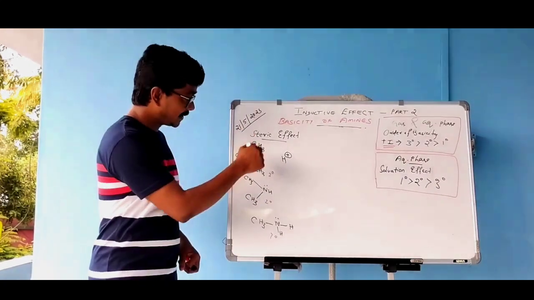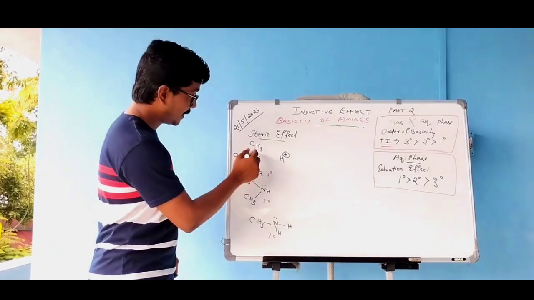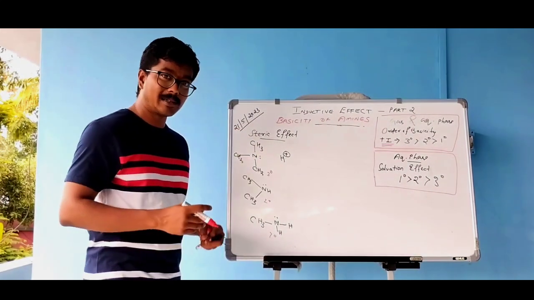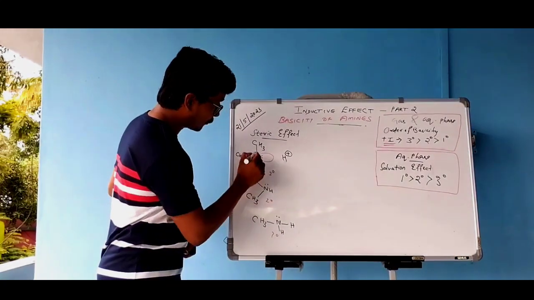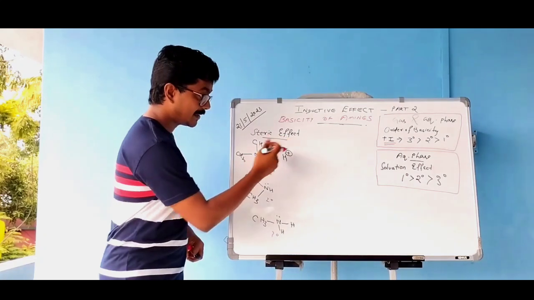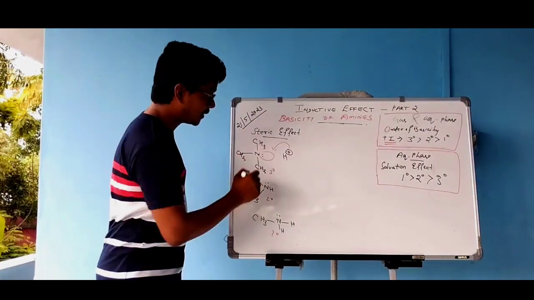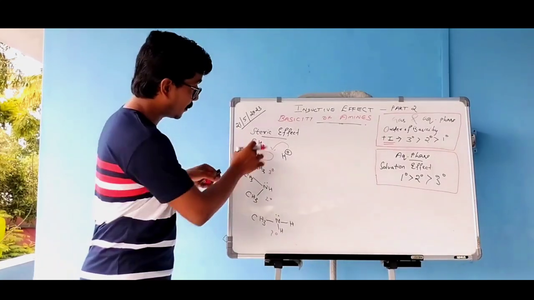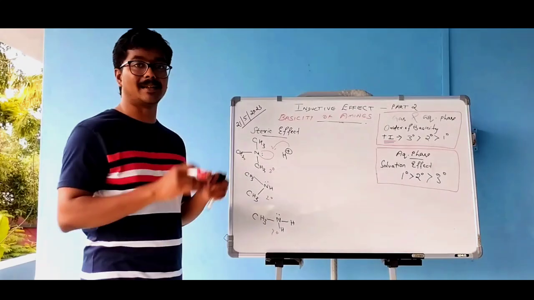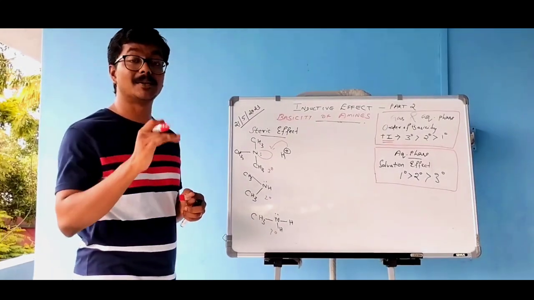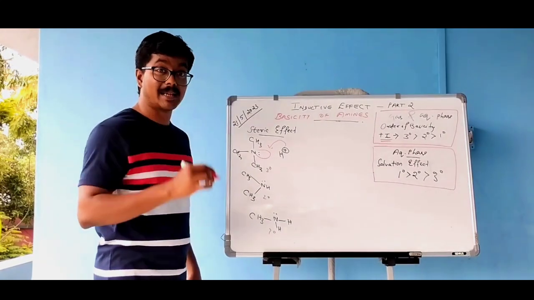In a tertiary amine, the presence of alkyl groups, this is a methyl group, hinders or restricts the lone pair of electrons for the approach of this H plus ion. When this H plus ion comes closer to the lone pair of the amine, the presence of this bulky group will hinder the approach. That is known as steric effect, and it is maximum in tertiary amine.